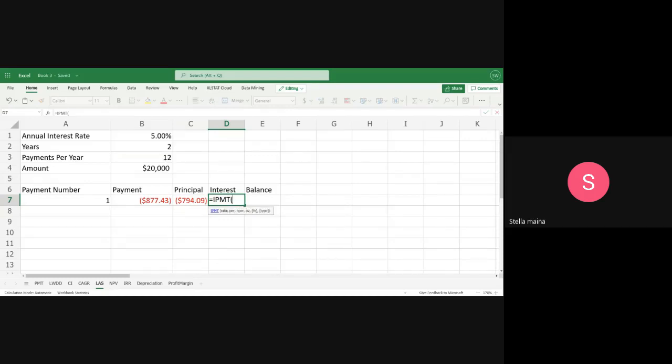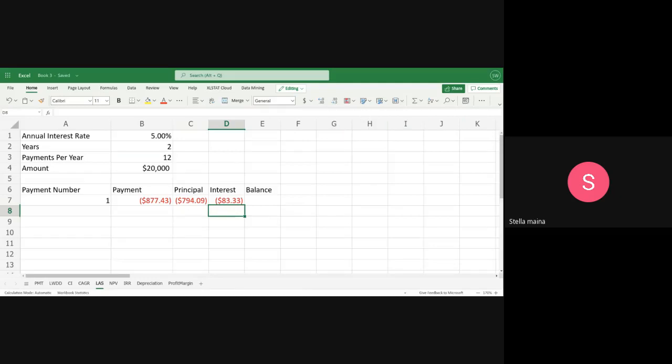We're going now to have our rate, so same thing, B1 divided by B3, comma, since it's for the first period, it is A7, comma, years, that is B2 multiplied by payments per year, that is B3, comma, B4. So you can see that is our interest.